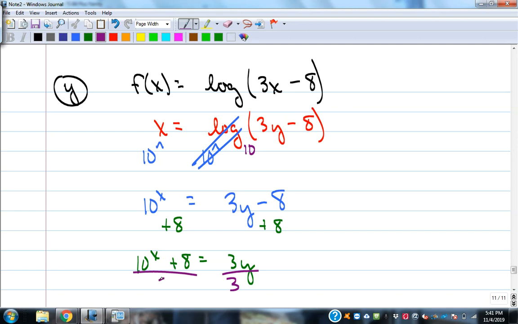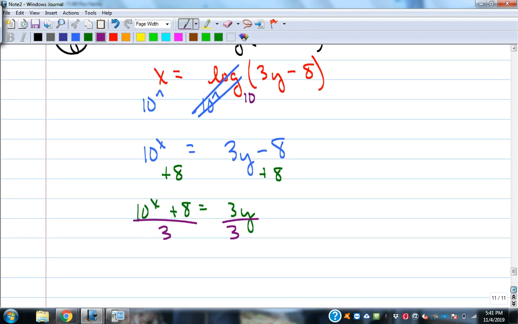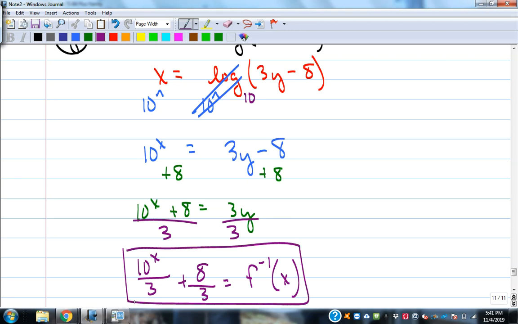Divide everybody by 3. And if you want to do that individually, 10 to the x over 3 plus 8 over 3 is equal to f inverse of x. Or if you wrote it, f inverse of x is equal to 10 to the x plus 8 over 3. That's the same.